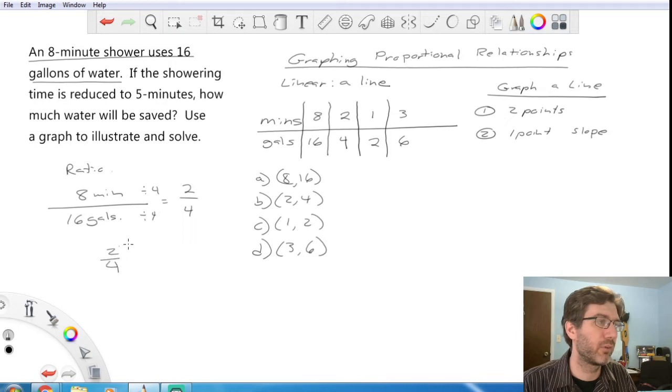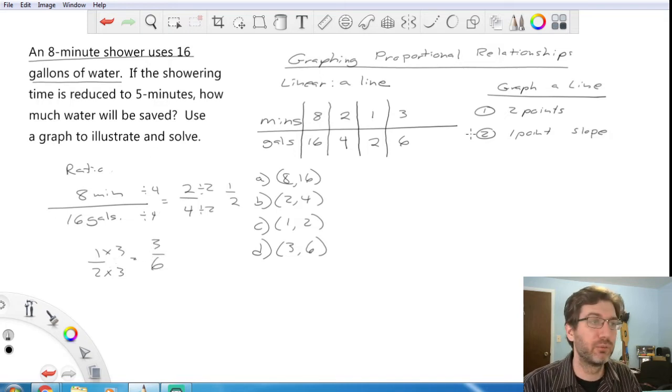So 2/4. How do you get to 3 here? 2 times what? I took it off of 1/2, I guess. Right, this I can divide by 2. I can divide this by 2. This gives me 1/2, and then 1/2 I took times 3, which gives me 3/6.